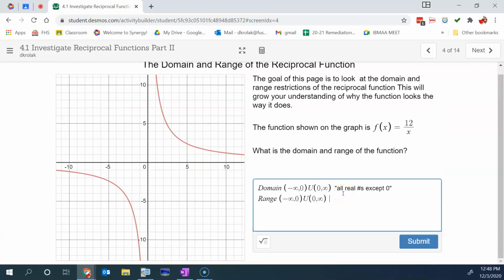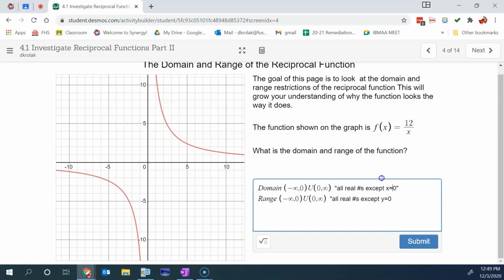Okay, and this would be all real numbers except 0. Except y equals 0. And really this should be except x equals 0.